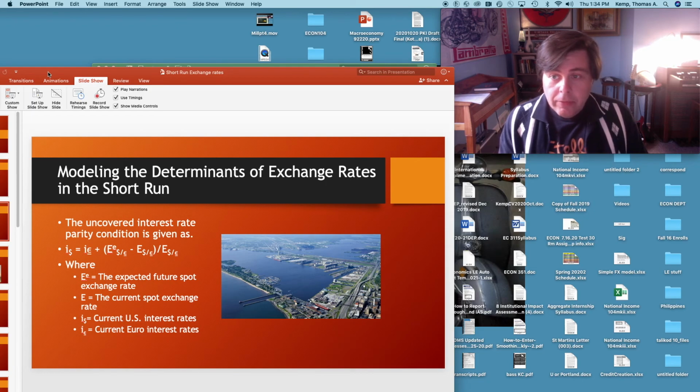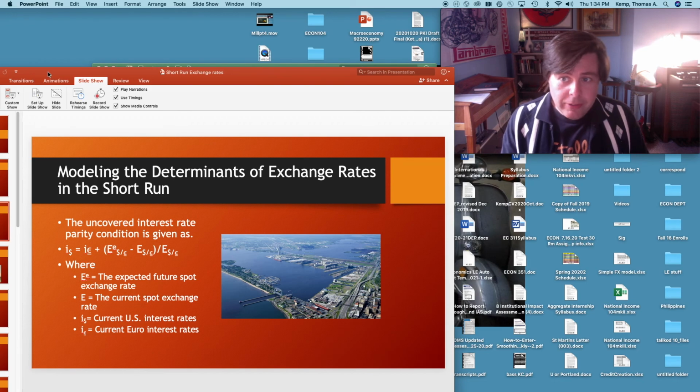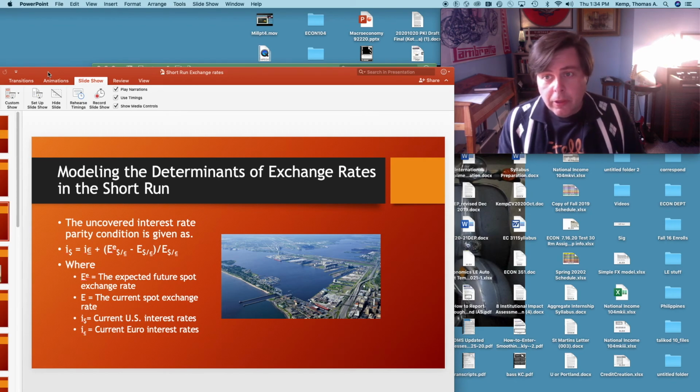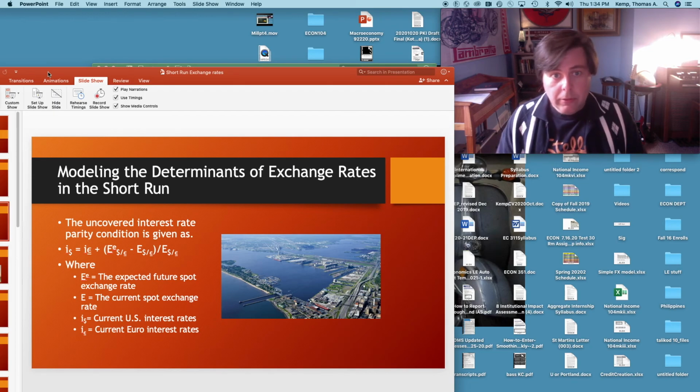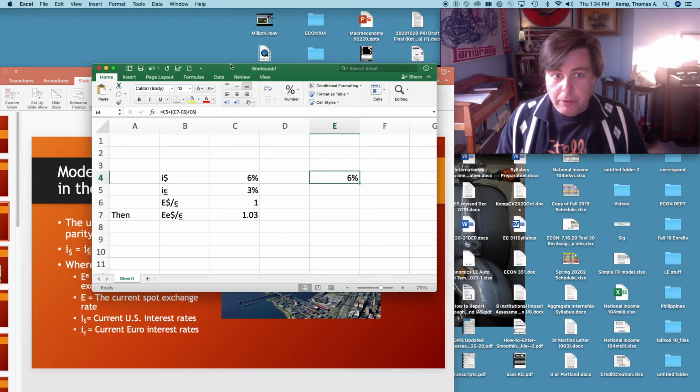However, if the market generally expects the dollar to depreciate, let us say that the market expects the dollar to depreciate 3%, roughly speaking, over the next year, then in fact this condition holds, and we don't expect any capital movements.